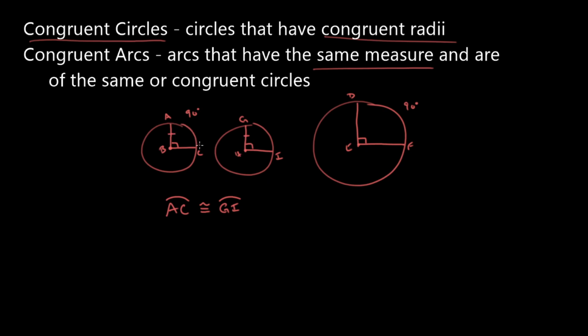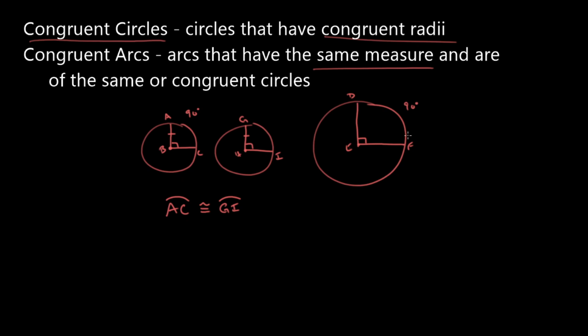If we were to take a tape measure and measure how big these arcs are, we'd see that they would be the same length. We'll talk about arc lengths later on, but they'd be the same length. However, in circle E over here, this arc is obviously not going to be the same length because it's part of a bigger circle. It has the same measure, but it's part of a bigger circle.